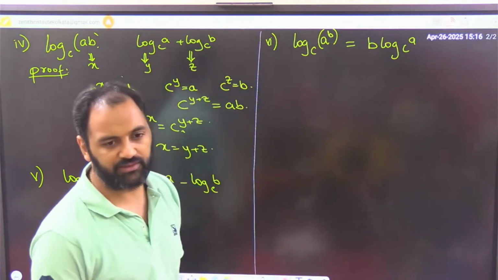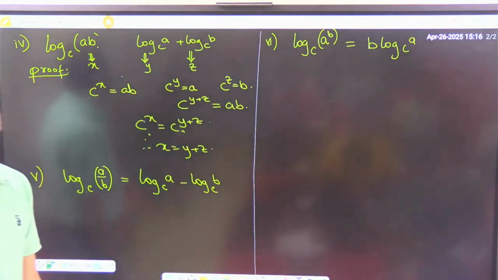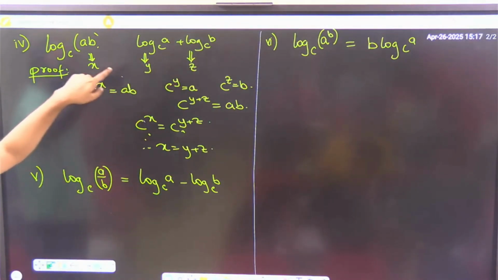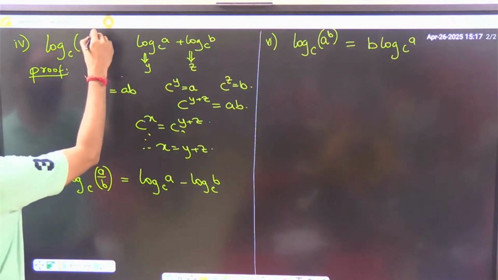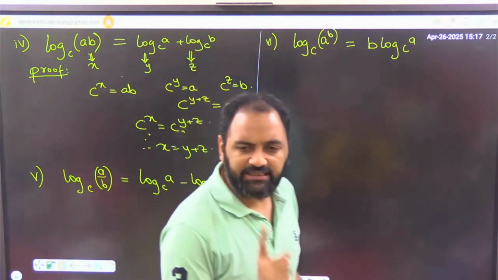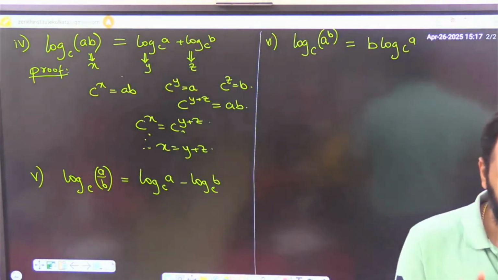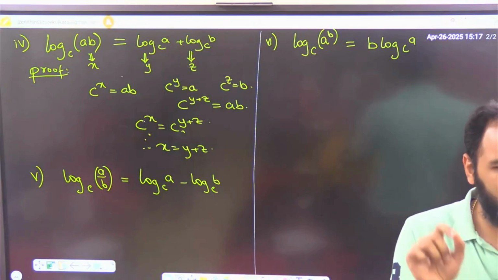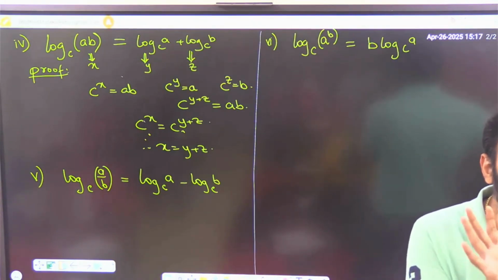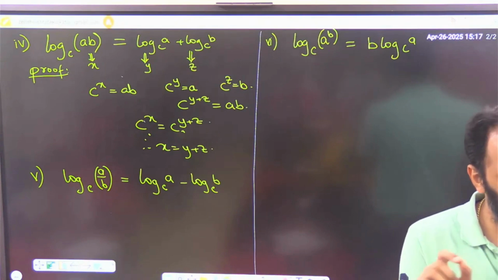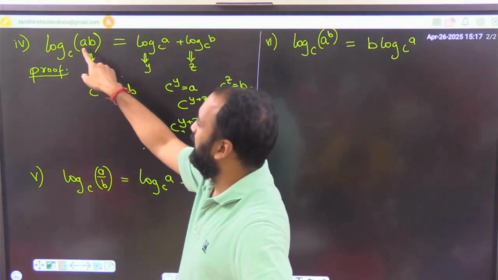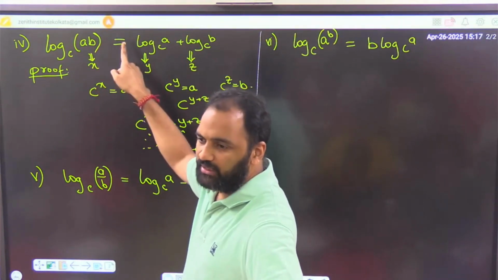What is the proof of this? The proof of this property is basically the previous property. Can we say that a to the power b is like a into a into a, written 3 times? Say a cube, can we write a cube as a into a into a? So if we have a log of a into a into a, what will it end up becoming?